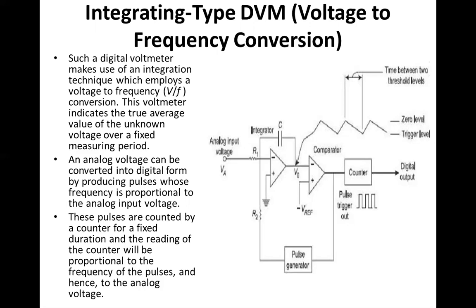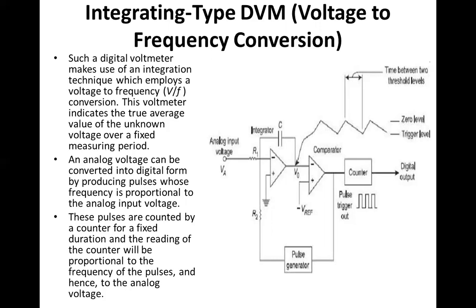An analog voltage can be converted into digital form by producing pulses whose frequency is proportional to the analog input voltage. These pulses are counted by a counter for a fixed duration, and the reading of the counter will be proportional to the frequency of the pulses and hence to the analog voltage.